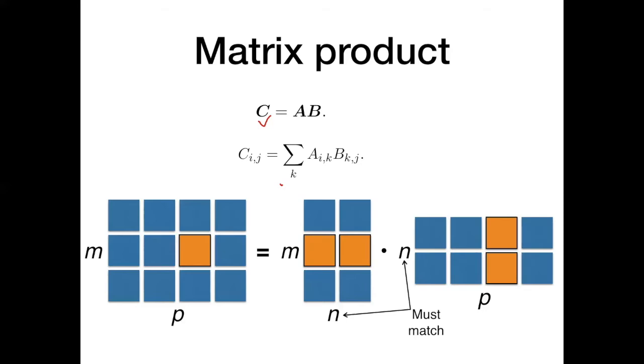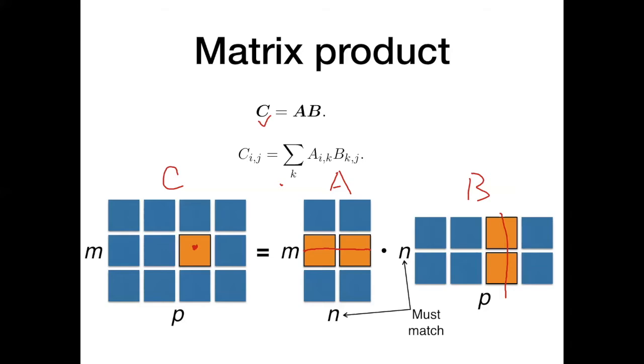So this is a matrix C. This is A times B. If we want to get this element in matrix C, we need to do a vector product of the row vector in this row and the column vector of this column.